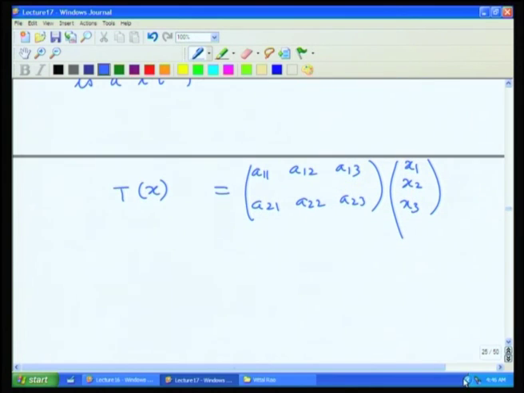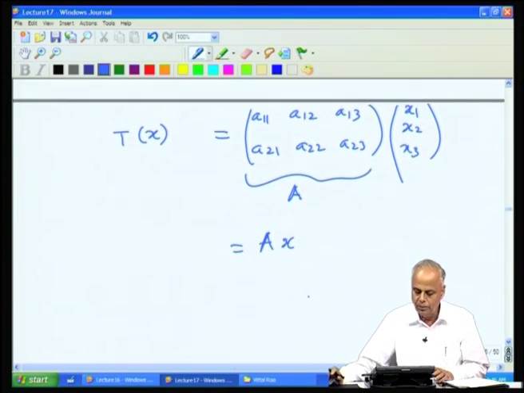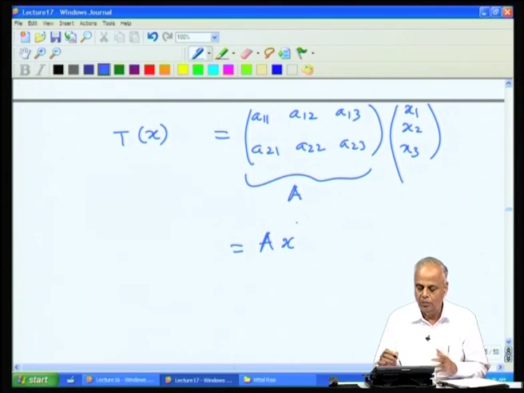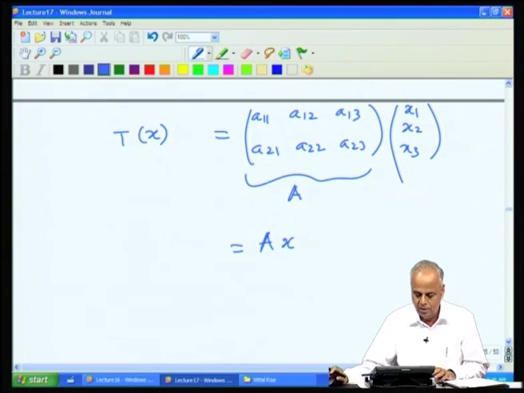So, if we call this matrix A, then this is equal to Ax. Therefore, if we had chosen arbitrarily a11, a12, a13 etc., we get a 2 by 3 matrix A, and that automatically produces a linear transformation on the space F^3 to F^2.